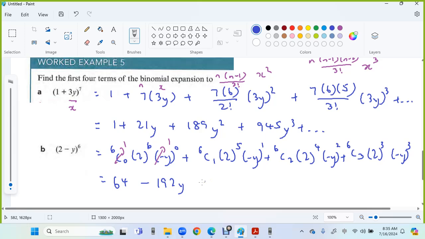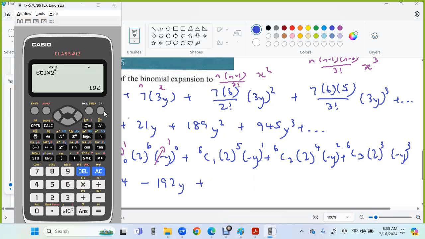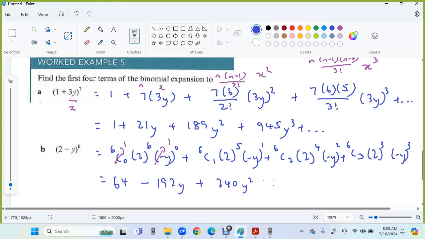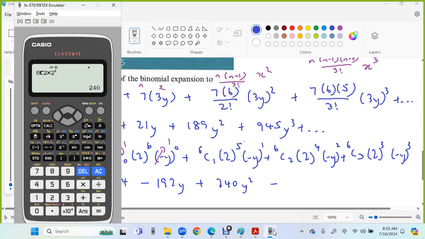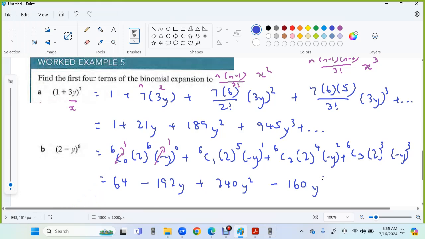And then 6C2 and 2 to the power 4, then we have 240y squared. And then minus 6C3 times 2 to the power 3, then it's 160y cubed. Then this is the final answer.